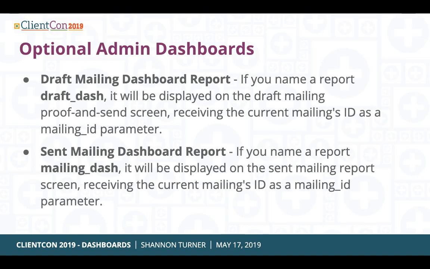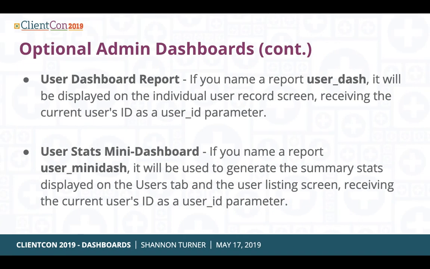Similarly, there's the sent mailing dashboard report. If you name a report mailing_dash, then it's going to be displayed on that sent mailing report screen, and again, getting that mailing's ID. There are even more admin dashboards. The user dashboard report, the user mini dash, is just like the page mini dash and the mailing mini dash that we saw earlier.